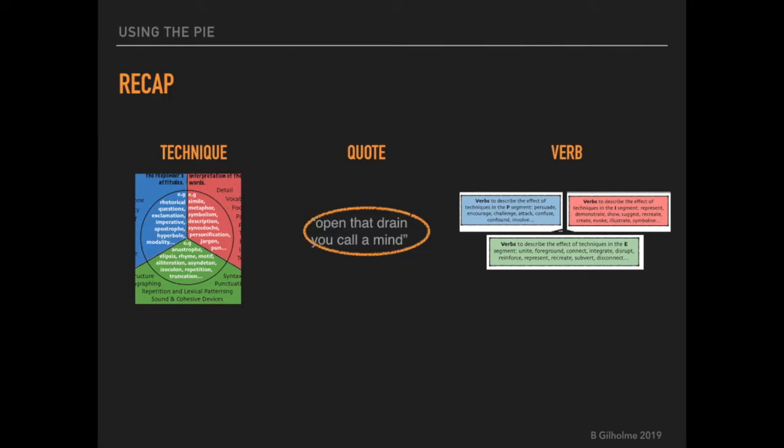The middle section, which is all of our techniques, and the verbs that are associated with the three segments of the pie, because each of the segments does something different, which means that the verbs are going to be different. From there, we can put those pieces from the pie, our verbs, and the quote that we're analysing into the relevant sentence structure.